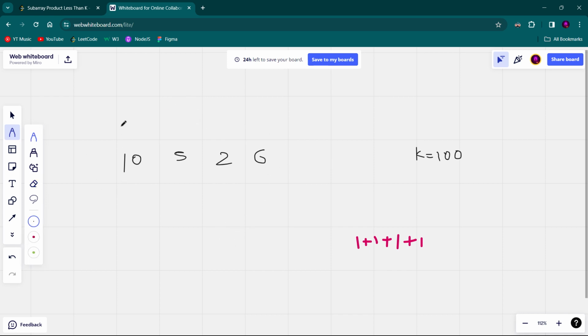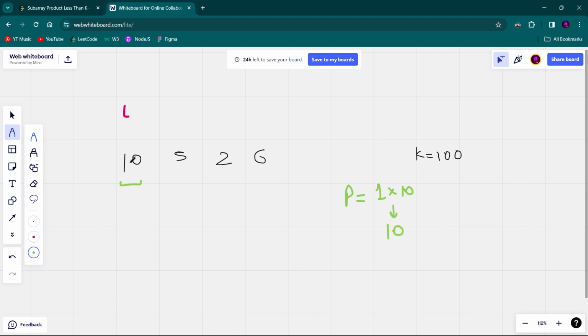I will take a pointer L, and I need a product value, which I start with 1. Now I reach 10, so I multiply this with 10. It will result in 10.